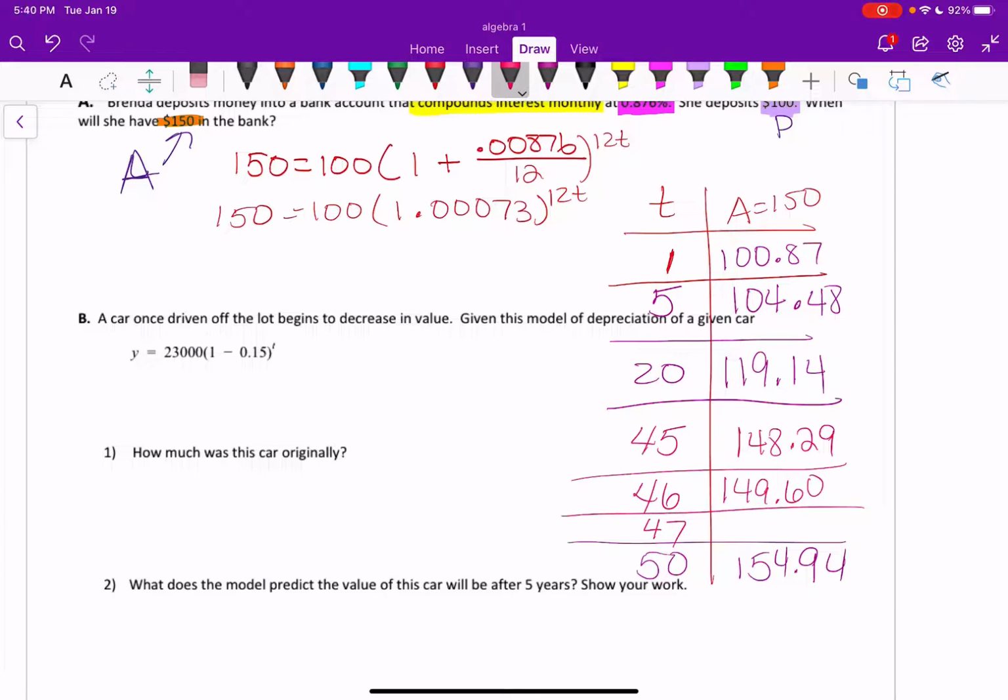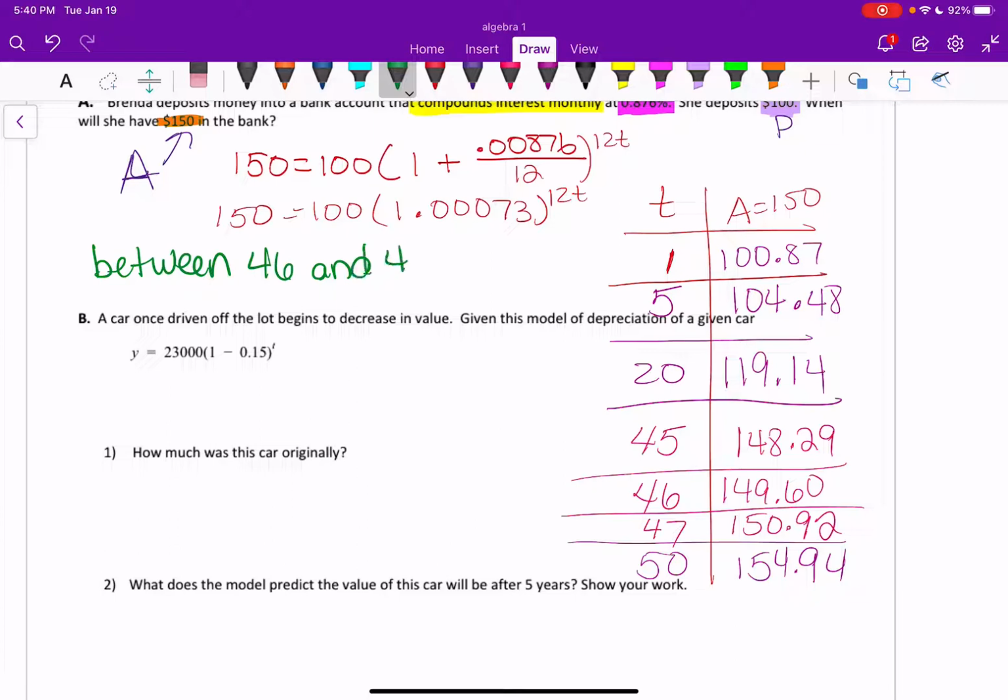I need to know that first. That's 564. So 100 times 1.00073 raised to the 564th power gives me 150.92. So my answer is going to be between year 46 and 47.